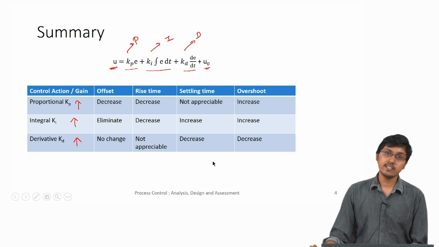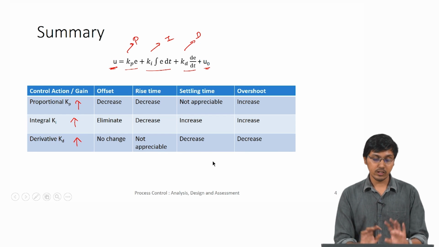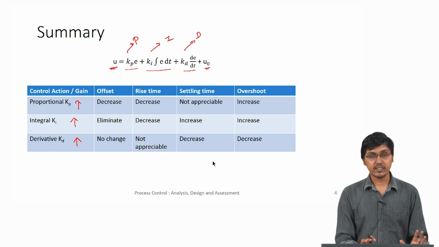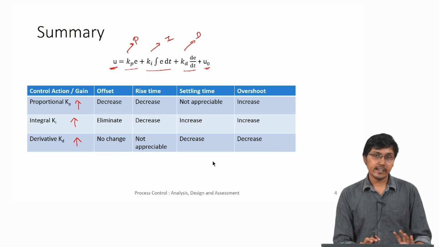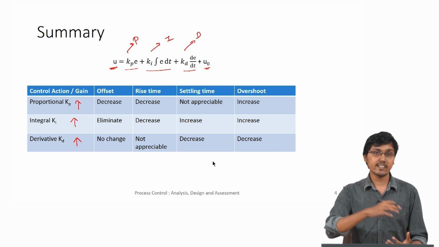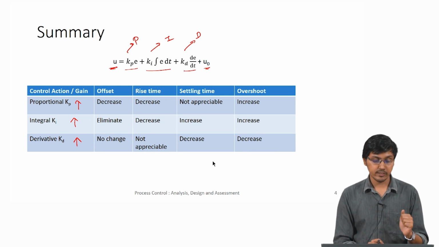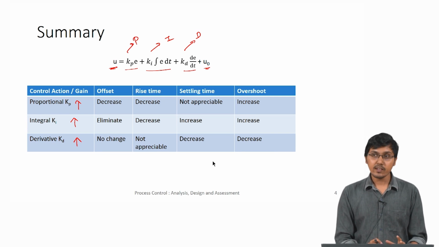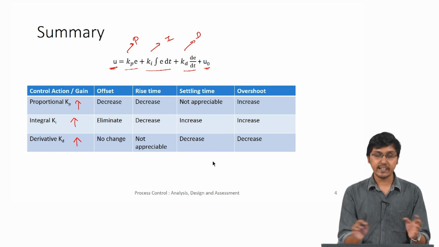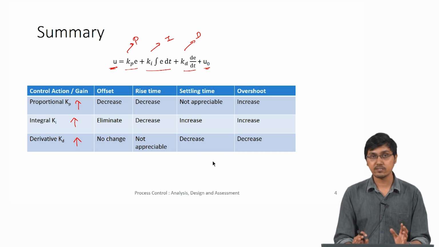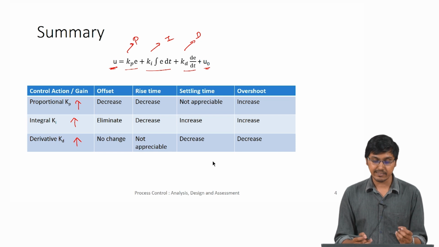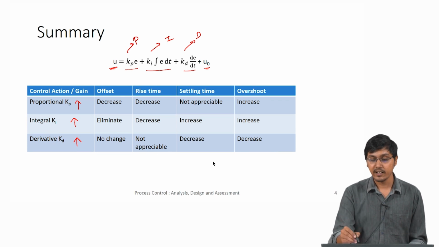So, this knowledge will be very useful. If you have this in your mind, it will be very helpful when you are looking at the response of the controllers and deciding which parameter you have to tweak to get a better response, what you expected. There are some very basic things that you have to remember, maybe not the entire table. If you remember the entire thing, that is very good, but if not, at least remember that whenever you have an integral action, there will be no offset.